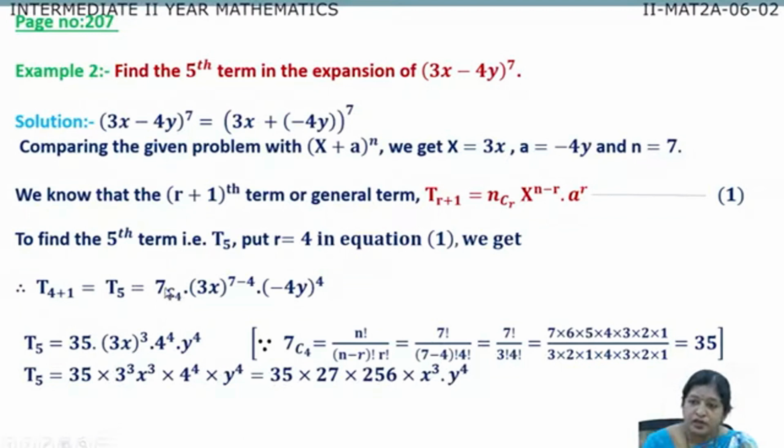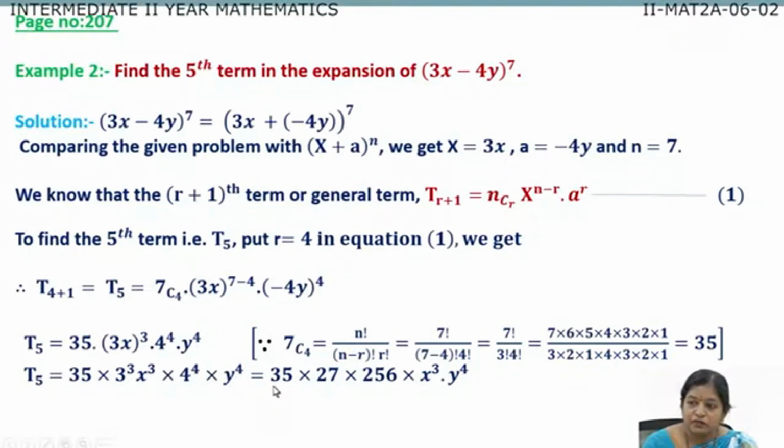So, substituting the 7C4 value, which is nothing but 35, (3x) to the power of 7 minus 4 is 3, and (minus 4) to the power of 4. Since the power is even, this minus becomes plus. So we will get 4 to the power of 4 and y to the power of 4. 35 into, separating the power to each individual term inside the bracket, we can write 3 cube into x cube, 4 to the power of 4 into y power 4.